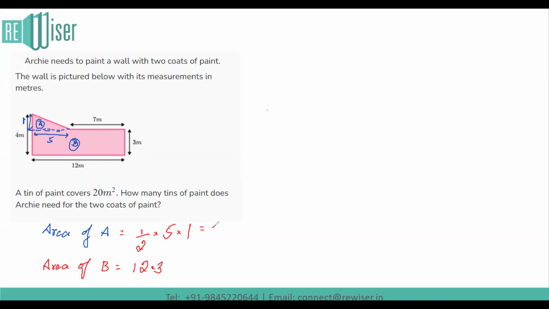So 2.5 is the area of shape A and 12 times 3 is 36. When you add them up, 38.5 is the answer. Got it? And since everything is in meters, the area has to be in squared meters. In these types of questions, you have to always give it with the units.